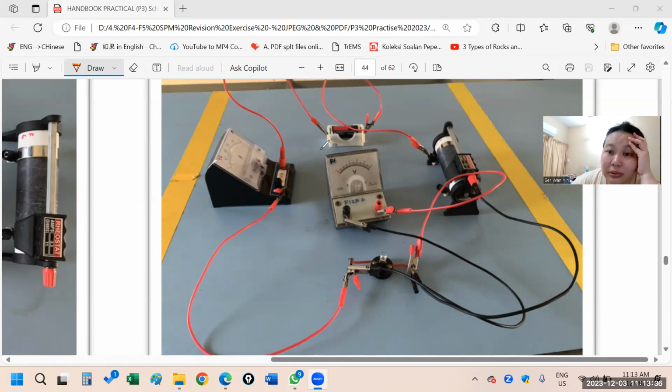If your set doesn't work out, maybe there are 3 possible problems. Number 1, your battery. All of you have new batteries, I think.